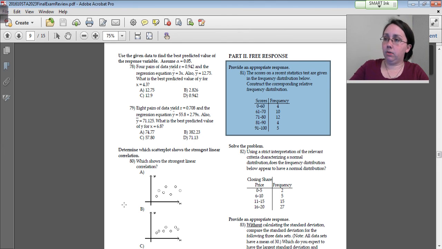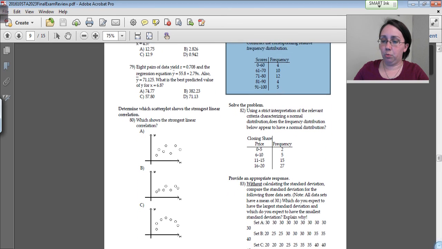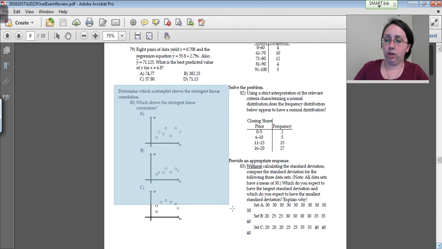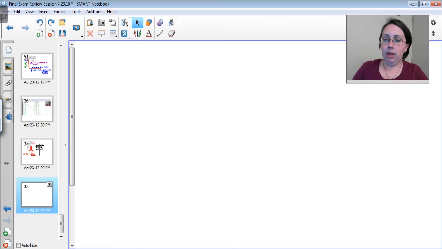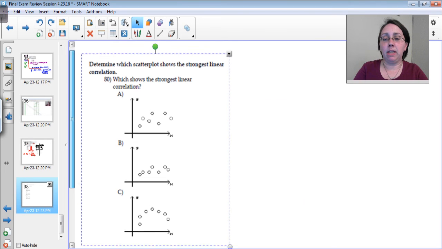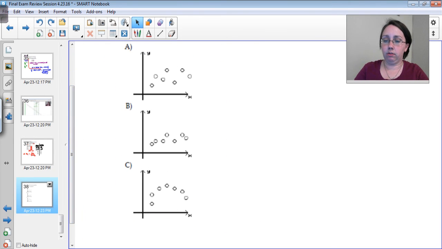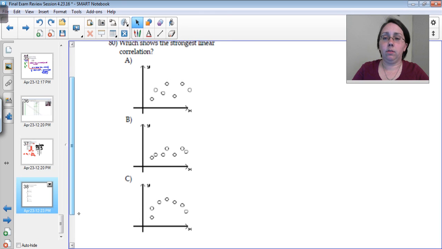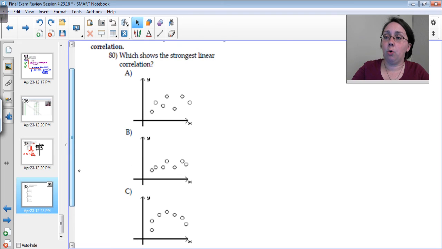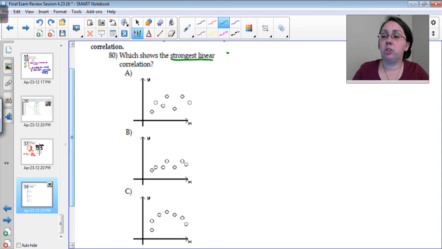Alright, so 80 gives you scatter plots, and it asks which of the following has the strongest linear correlation. In terms of a visual, what does it mean to have a linear correlation? You should have somewhat of a straight line. So, strongest means the straightest line.